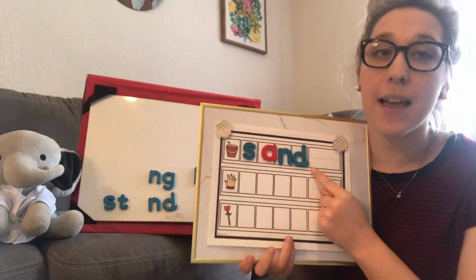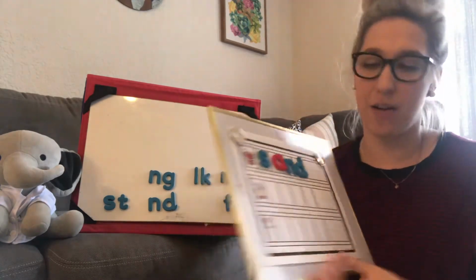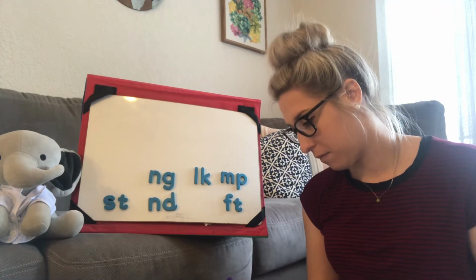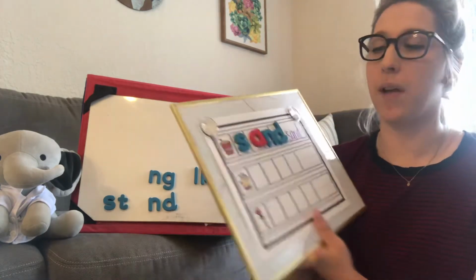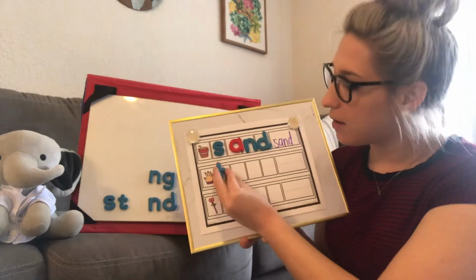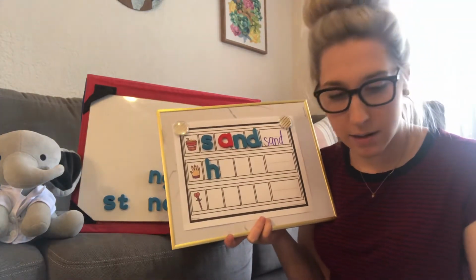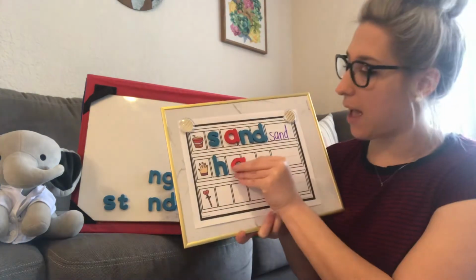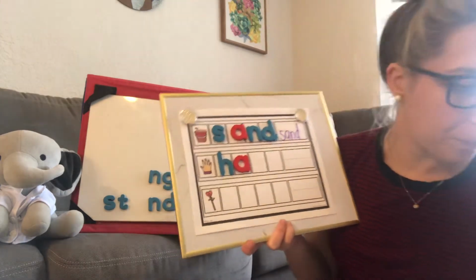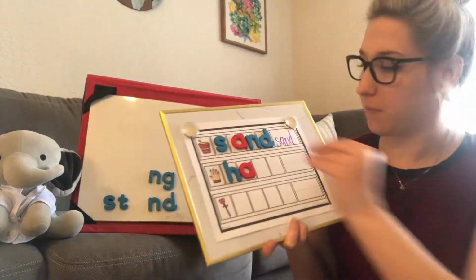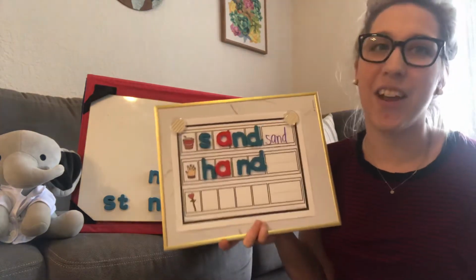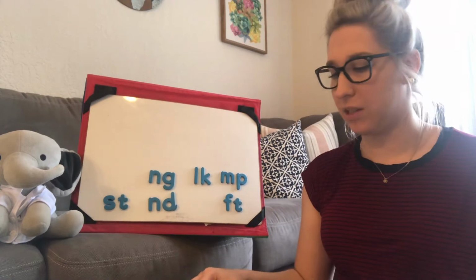So s and, or just nd. Very good. Again, what's this going to be? Your hand. And I don't have another A. And again, the nd. Do I have any other N's? No. Hand. Okay, very good.